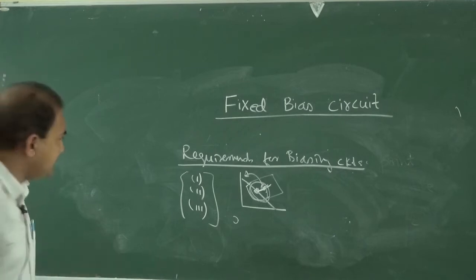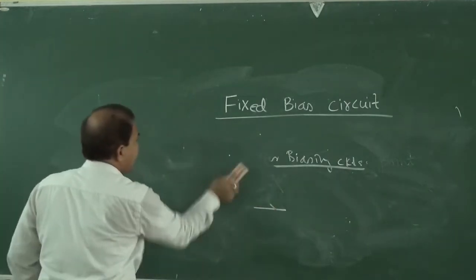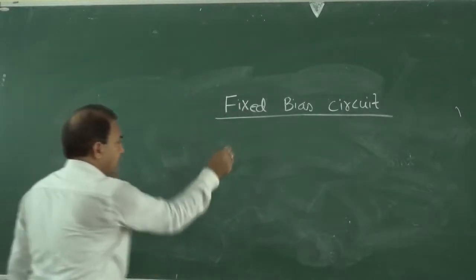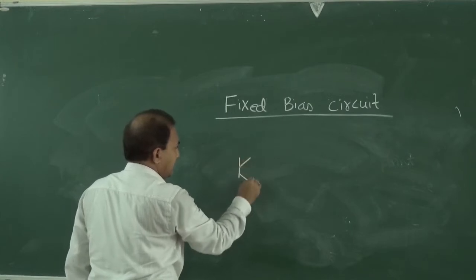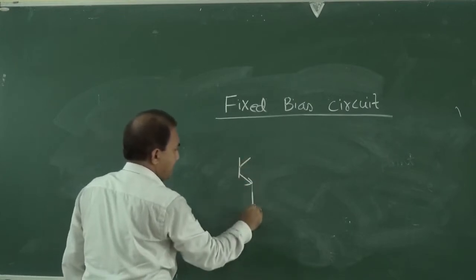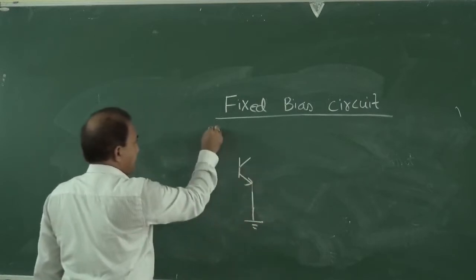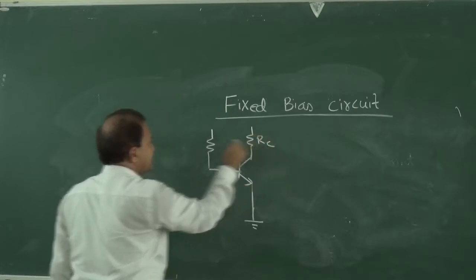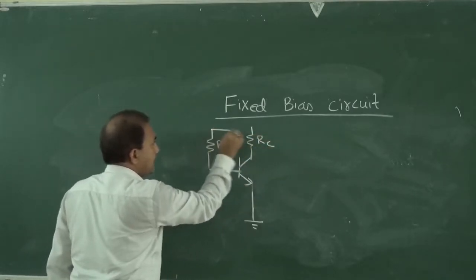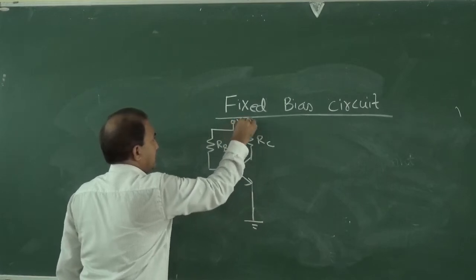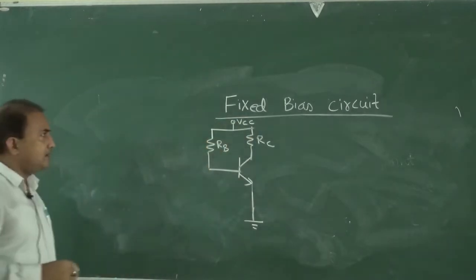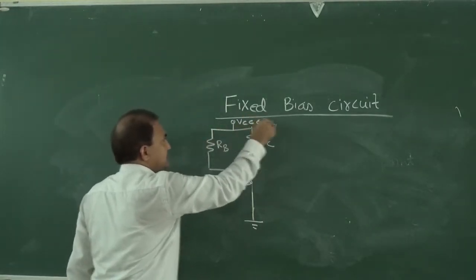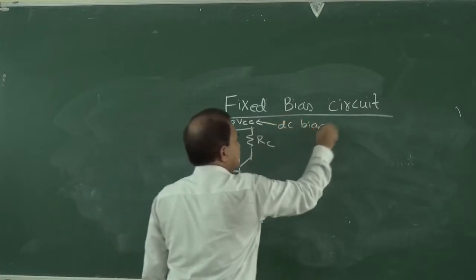In biasing circuits, first we will study the fixed bias circuit. The circuit diagram for the fixed bias circuit looks like this. This is RC, this is RB, and this is VCC, the operating voltage, the DC bias voltage.